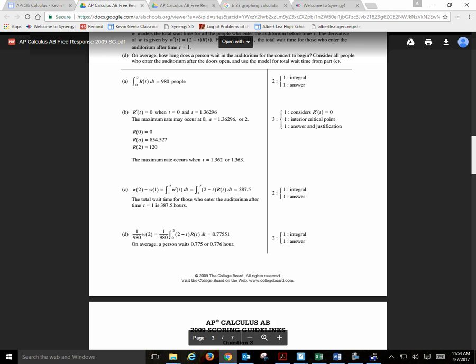We did that. We looked for where it changed sign. So that was good. Interior critical point, we didn't do that spot. All I did was only consider 1.36. So maybe I would have gotten a point off for not doing the 0 and the 120. Maybe I would have.